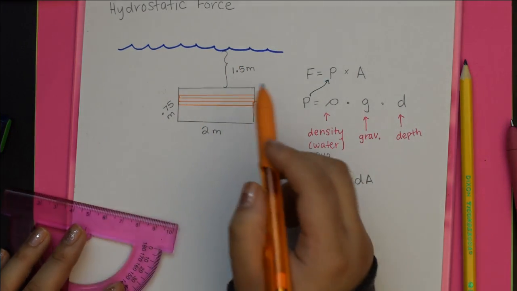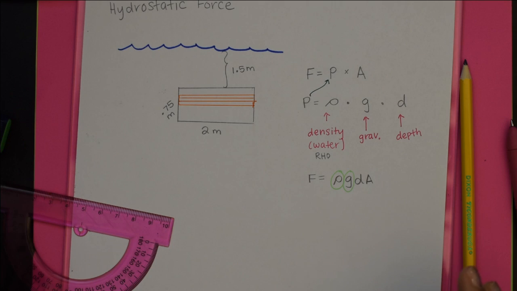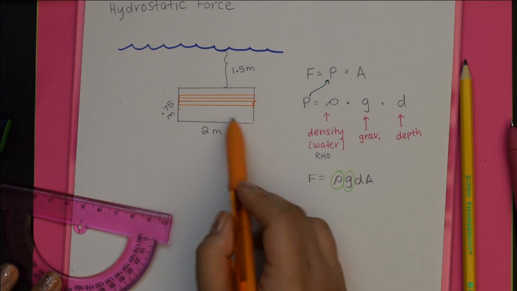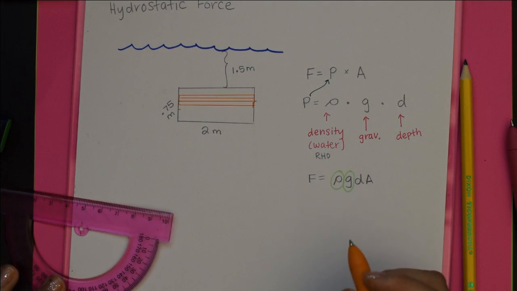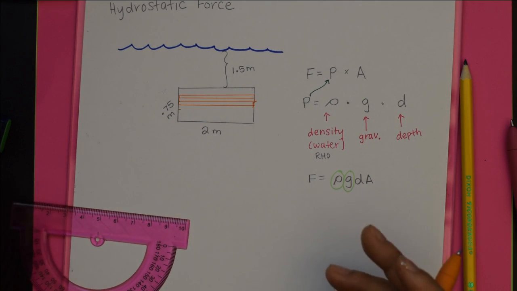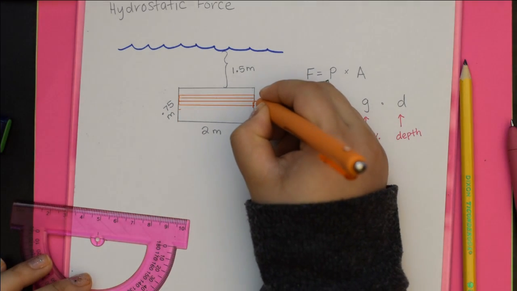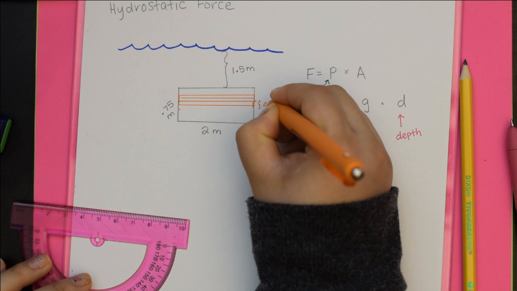Breaking an area up into a whole bunch of rectangles and adding them together, Riemann sums. So we can break this up into a whole bunch. For now, just an arbitrary height. We'll just call it delta y.